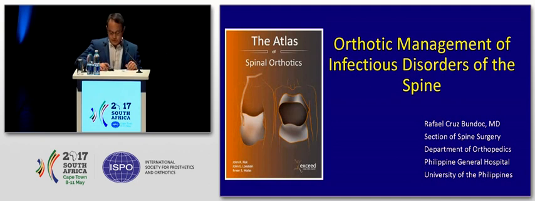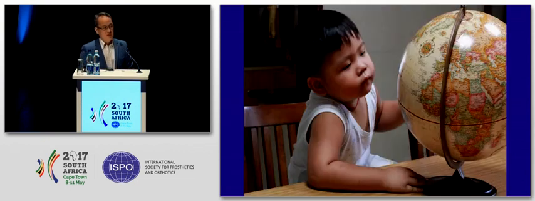Imagine, for example, if you create an atlas and you miss out on just one country. What would be the effect of missing out on one country in one globe or one atlas for the future generations? So it's just but fitting that we have a new chapter in a book on spinal orthosis with regards to the utilization of these devices for spinal infection.